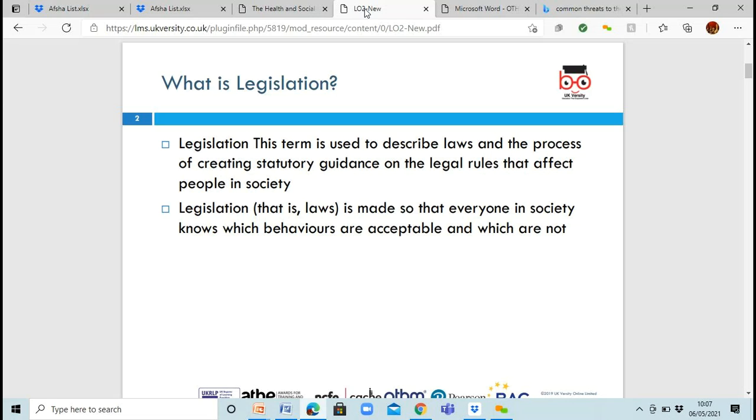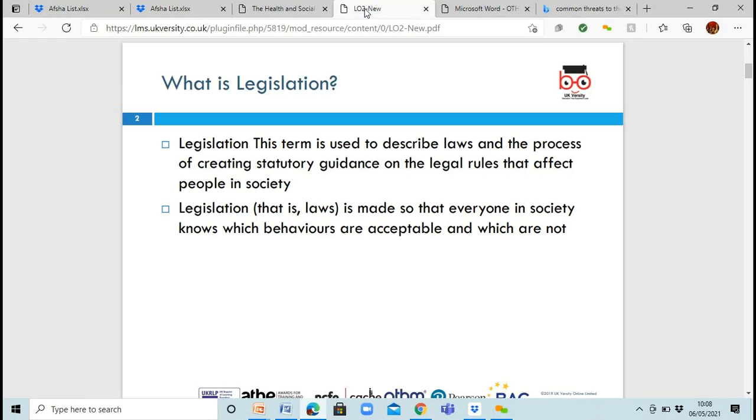If you work in a school setting, your legislation for health and safety will be adapted in accordance with what your common issues might be. In a care setting, you might have a different adaptation, and in a hospital it might be completely different. They use the same concept, but they adapt those main legislations to suit their own situations.